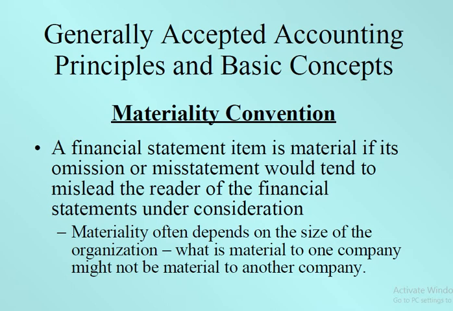Materiality often depends on the size of the organization. What is material to one company might not be material to another company. It depends upon the nature and size and the different aspects of your materiality.